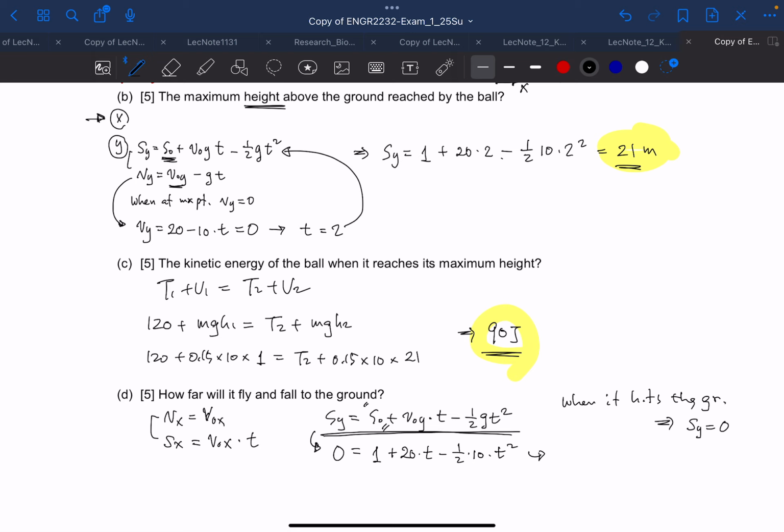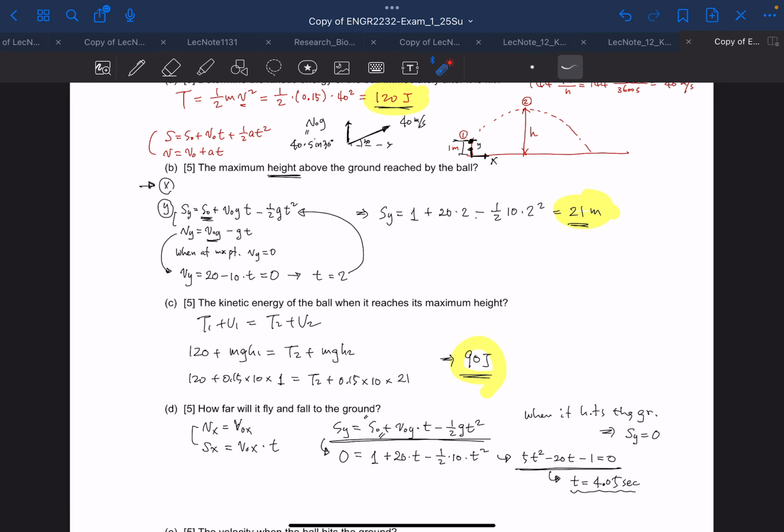Right, so from here we get that equation: 5t squared minus 20t minus 1 equals 0. So we need to solve this equation, and it should give us something like 4.05 second. So it means when you hit the ball, it takes 4.05 seconds to hit the ground.